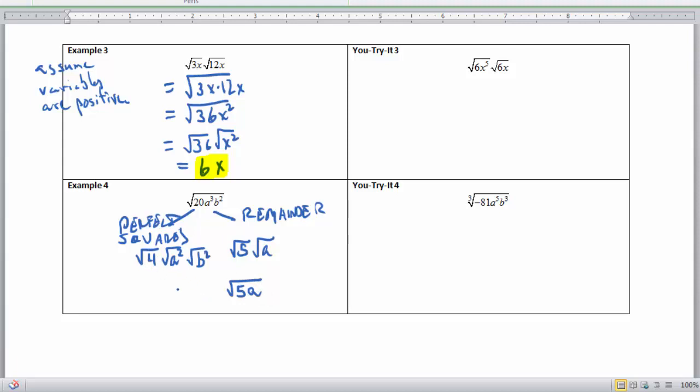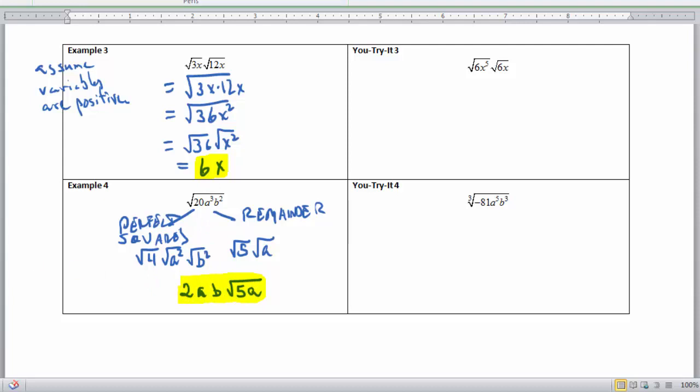Because the square root of 4 would be 2, and the square root of a squared would be a, and the square root of b squared would be b. So this is just going to be 2ab times the square root of 5a, right?